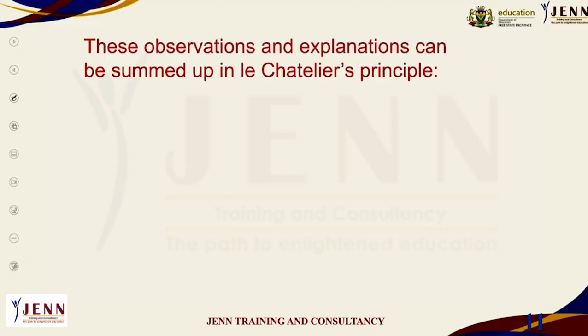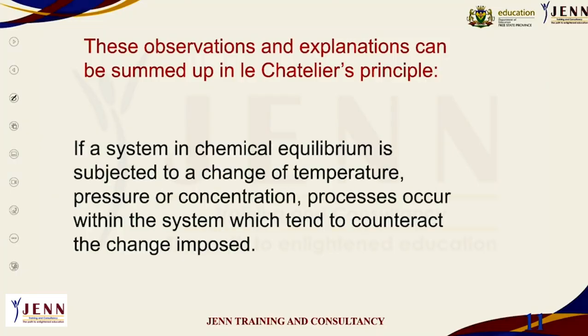Okay, if you look at the observations and explanations, if I look at Le Chatelier's principle, if there's a disturbance in the system, I've just written it in another way. If a system in chemical equilibrium is subjected to a change of temperature, pressure, or concentration, the processes occur within the system which tend to counteract the change that you've imposed on the system.